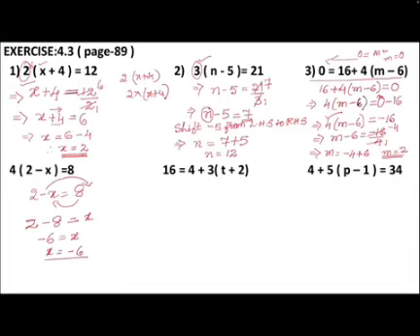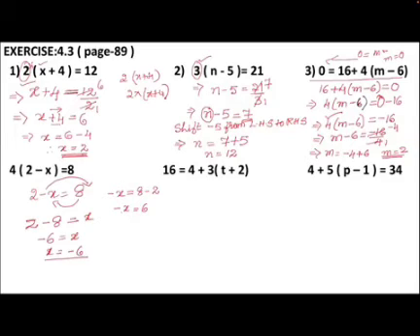Okay, the other method is to shift 2 to RHS, so -x remains, 8 - 2. So -x = +6, since 8 - 2 is 6. But what did I tell you? Divide or multiply both sides by a negative sign.